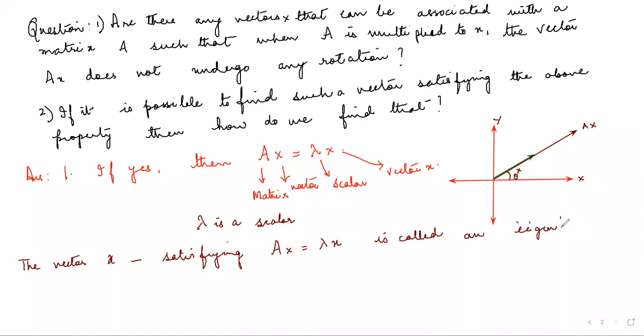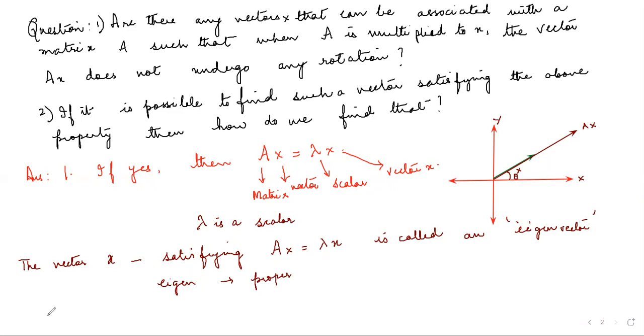Eigen means a characteristic or proper value of a vector.